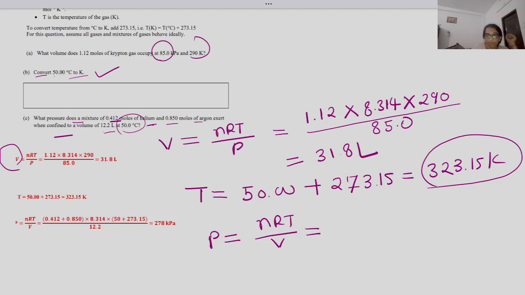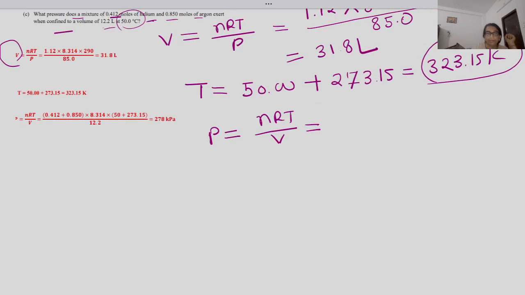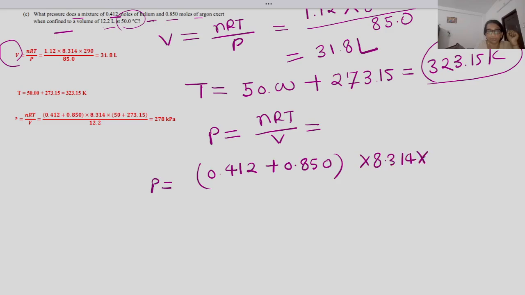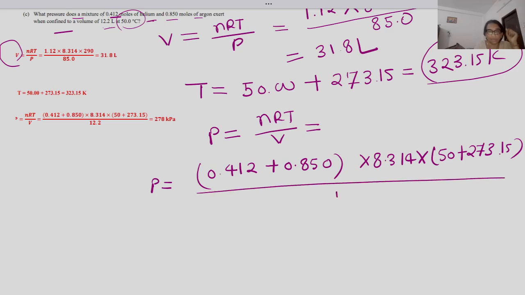The value of n is the total number of moles, 0.412 plus 0.850, the value of R is 8.314, and the temperature is 50 degrees Celsius converted into Kelvin by adding 273.15. The volume given is 12.2 liters according to our question.